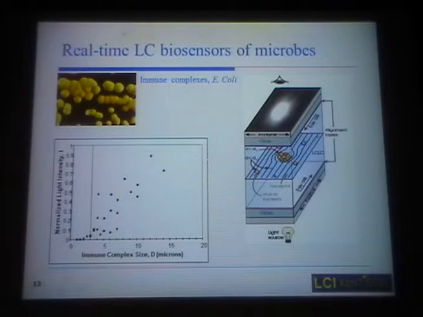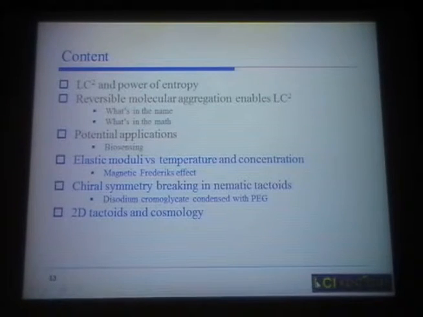But once the antibodies assemble these huge soccer balls, the director starts to be distorted around the complexes, and between cross-polarizers you can see a leakage of light, and that immediately tells you there is a presence of harmful bacteria.